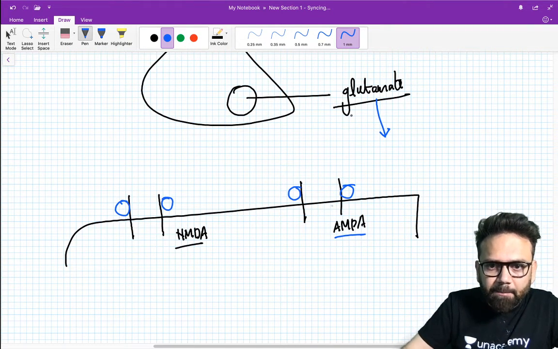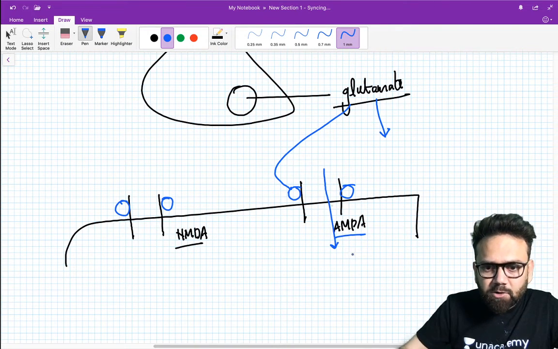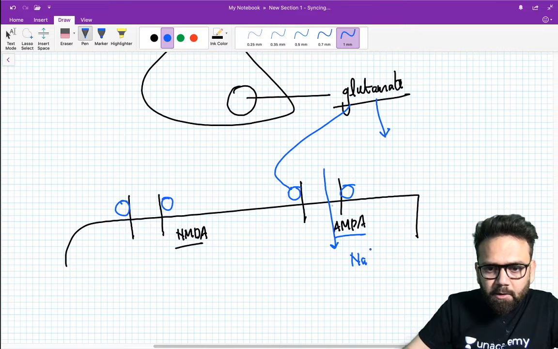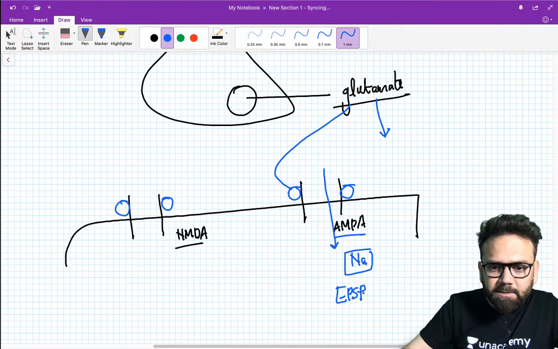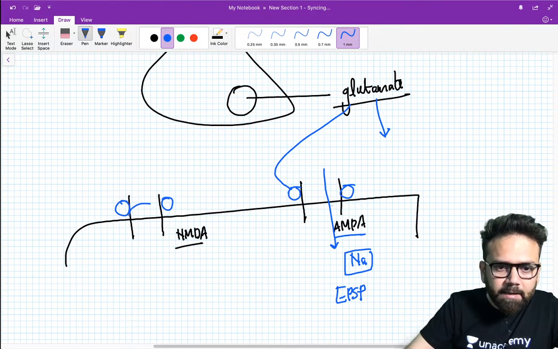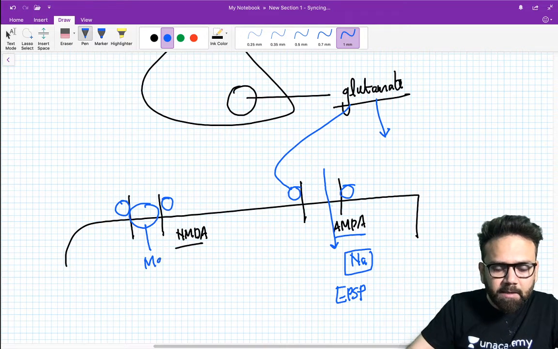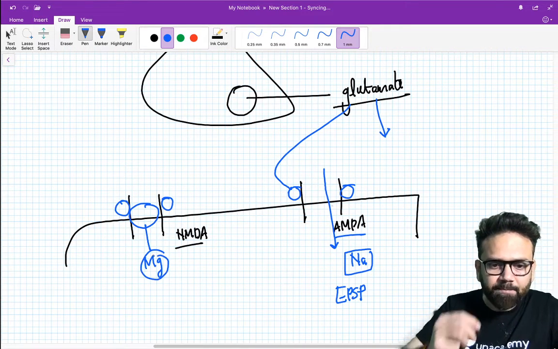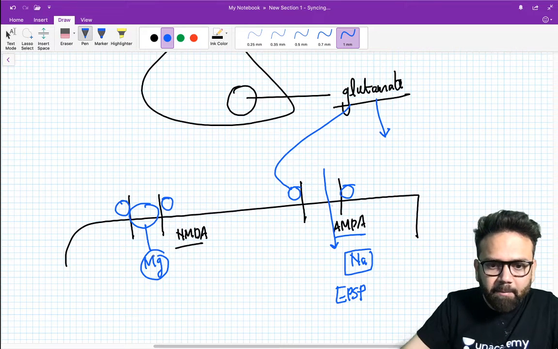It will attach to AMPA, and this will cause influx of sodium ion. Sodium ion will generate a potential, that is EPSP. And you know NMDA is blocked by which ion? Magnesium ion.